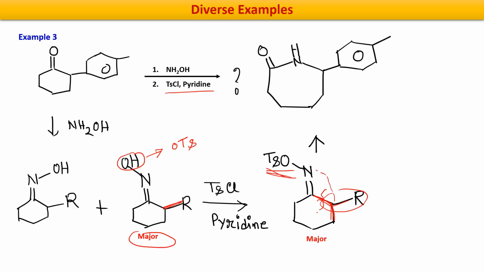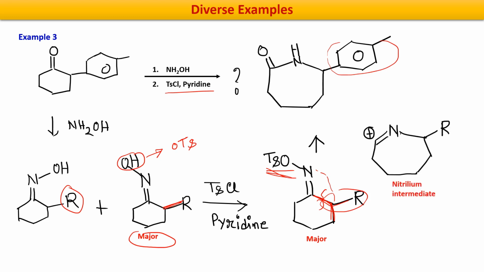So that is why the ring size will increase. Previously it was a 6-membered ring, now it will be a 7-membered ring because the nitrogen is also part of this. And remember, the R group, which I have written here as R to simplify the structure, is now here. That is the full structure as you can see on the product side.